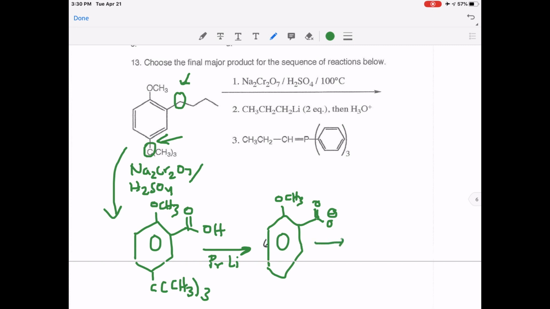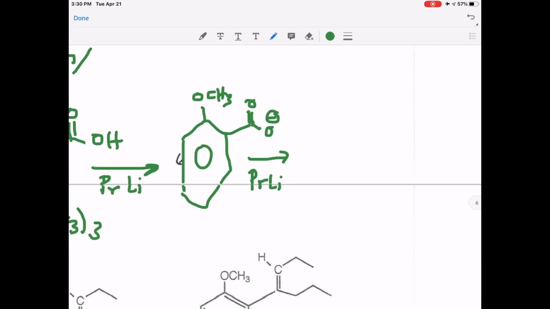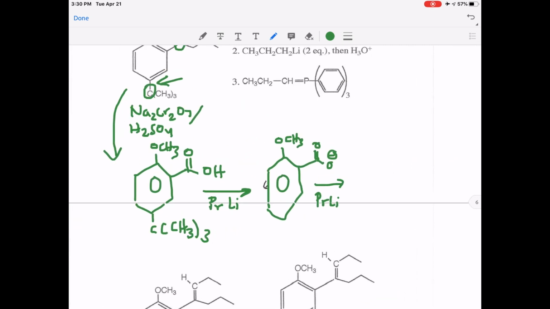If we add another equivalent, this time it actually does attack the carbonyl carbon.